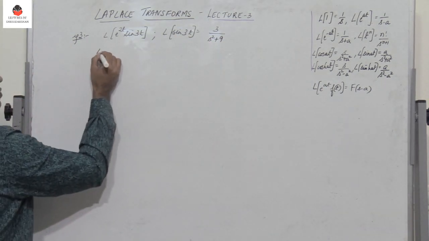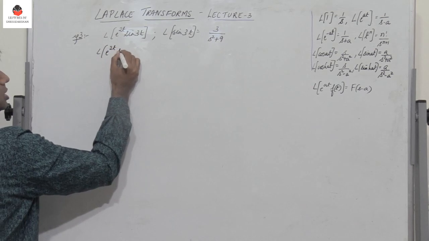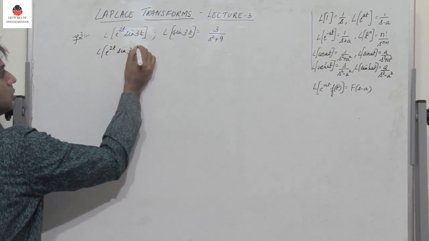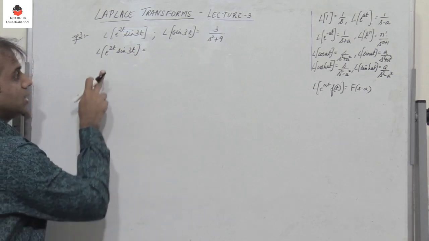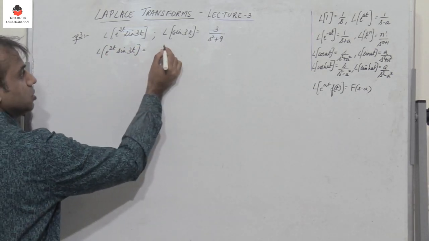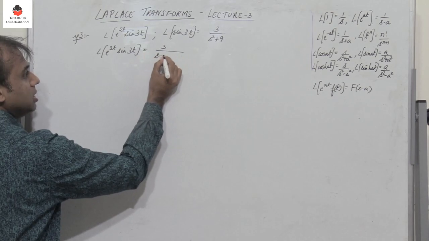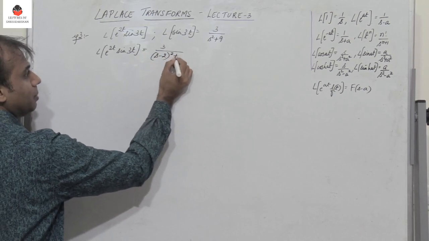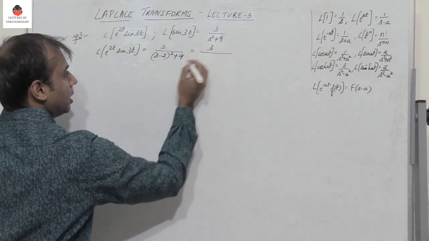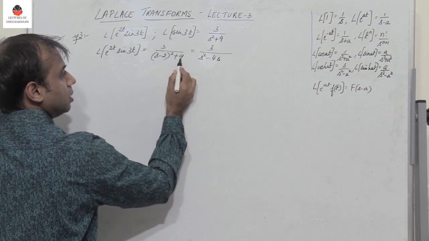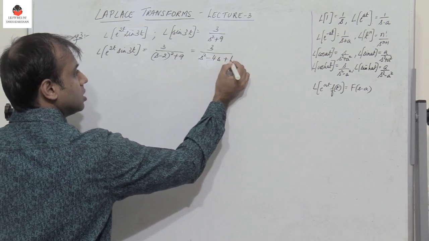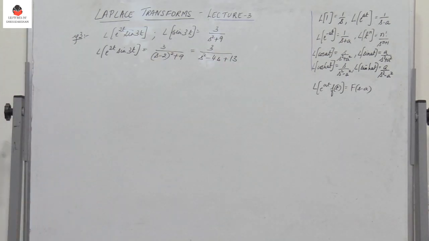Now Laplace transform of e power 2t sine 3t. So here in this expression, wherever s is there, replace it by s minus a, which is s minus 2. So it is 3 divided by s minus 2 the whole square plus 9, which is 3 divided by s square minus 4s plus 4 plus 9, which is 13. So this is the answer.